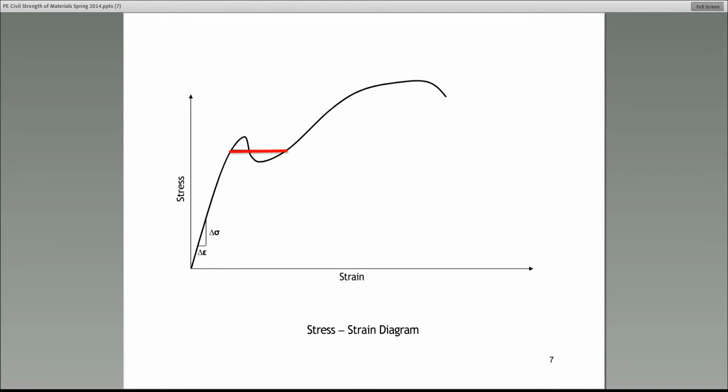It's a horizontal line. In fact, those of you who are familiar with design of steel structures, you know AISC. That stands for American Institute of Steel Construction. AISC, when they plot the stress strain curve for certain grades of steel, in fact, that's what they do. They don't show the double kink. That area of double kink, they just show the straight line like that red line that I'm showing.